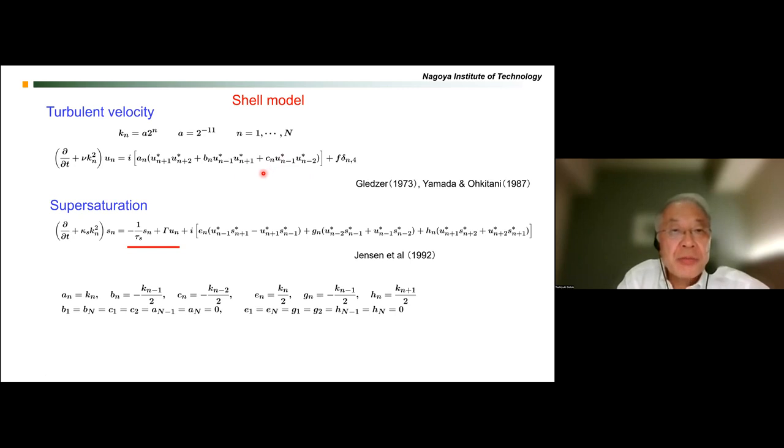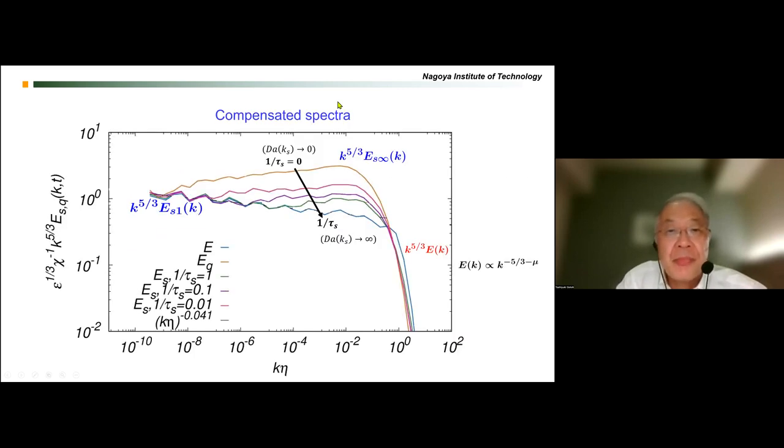The interaction of the wave number band n is very local, in the sense that band n interacts with n plus 2, n plus 1, n minus 1, n minus 2. The same is true for the supersaturation. So here are the phase relaxation time and excitation. We integrate the set of equations.